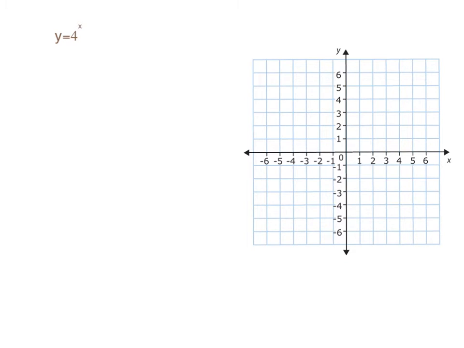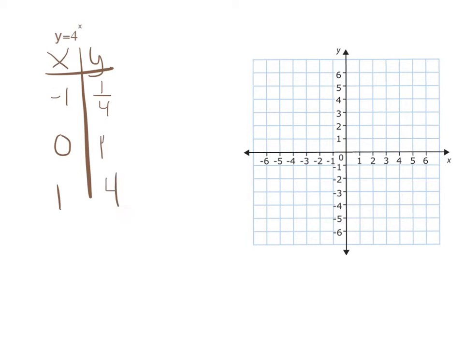The equation that we have is y equals 4 to the x, so my parent graph, and that's going to be -1 and then 1/4, 0 and 1, because anything to the 0 power is 1, 1 and 4.